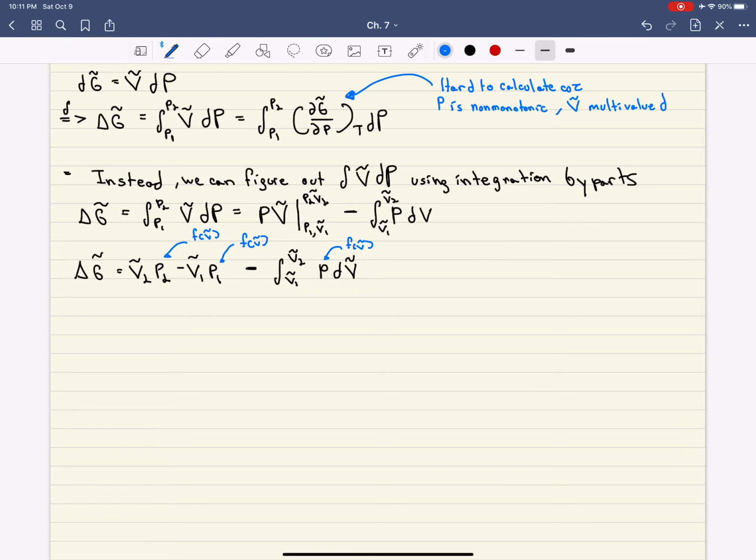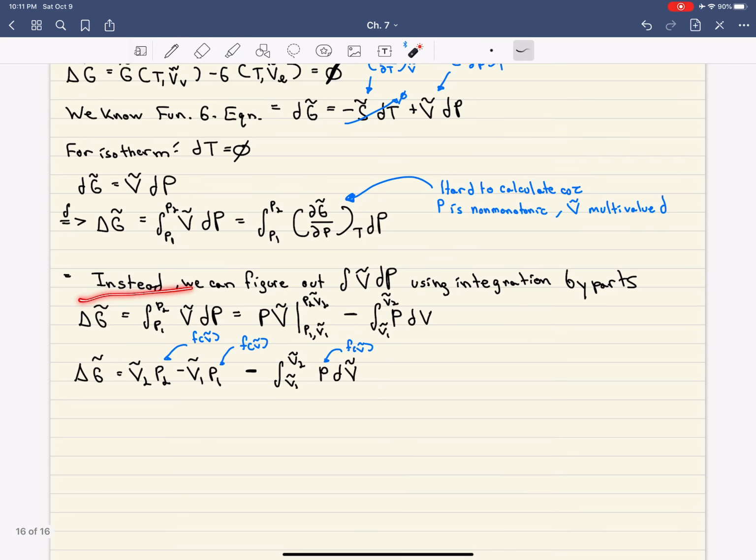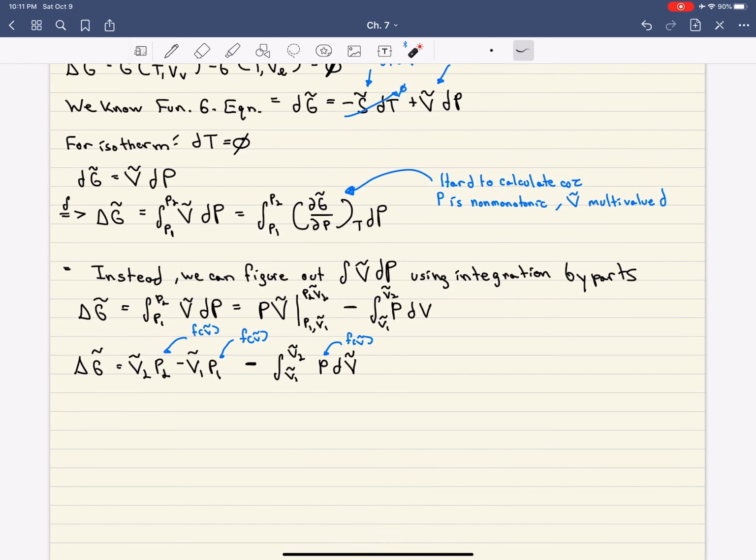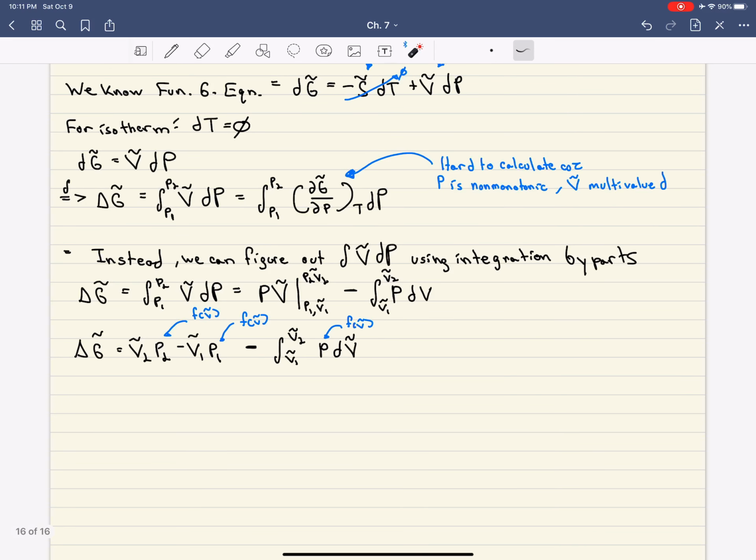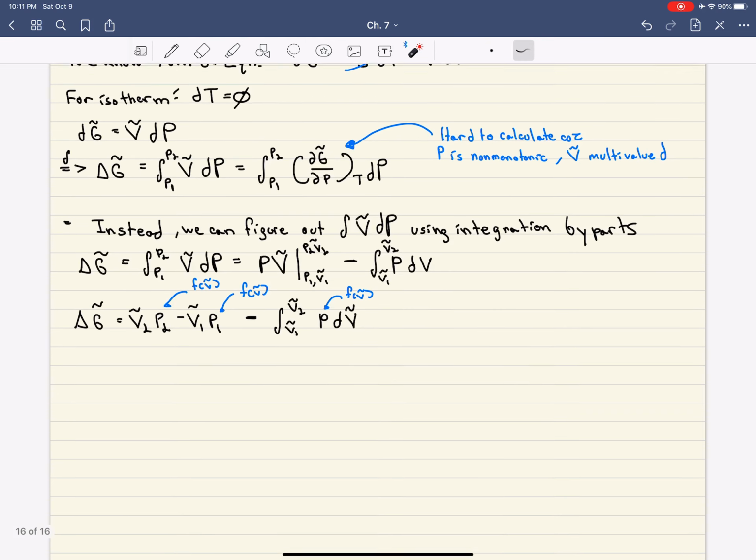And just to make sure we're on the same page, I'm writing pressure 1, volume 1, pressure 2, volume 2 here, because this delta G equation is general. I'm not necessarily talking about liquids or vapors at this moment. I'm just saying this is what the delta G equation would be. Okay?